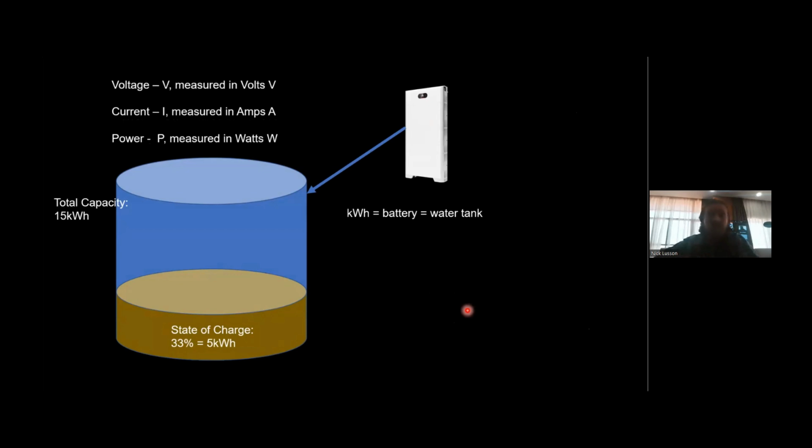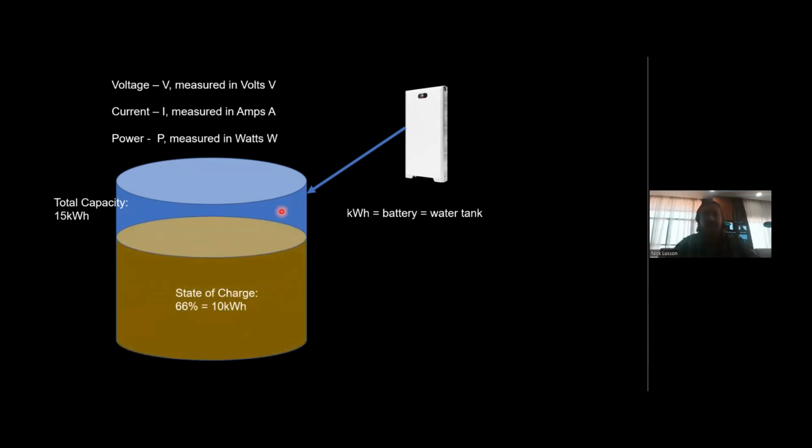So the battery capacity is like your water tank, and how much water is in there is like how much charge you have. For example, if we add some charge, now we have more water. The kilowatt hours is the battery, and you can imagine it like a water tank, because we're talking about how much capacity you can hold.